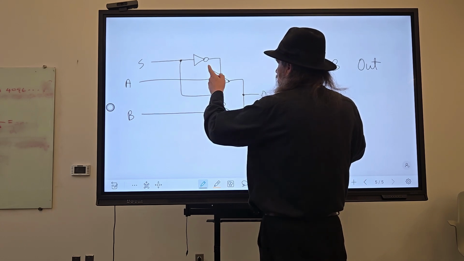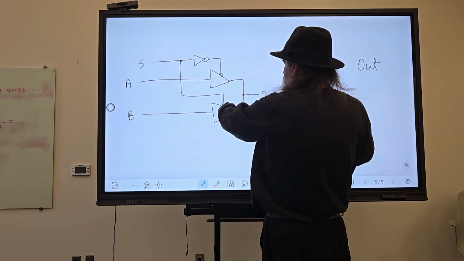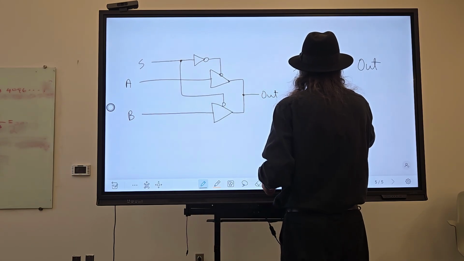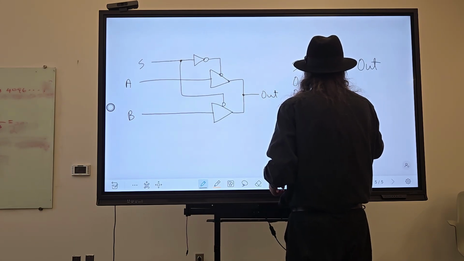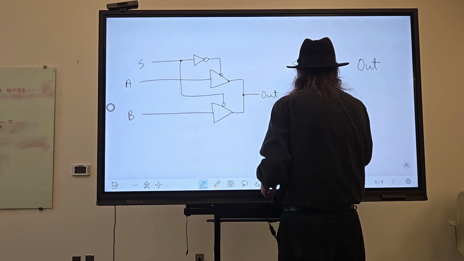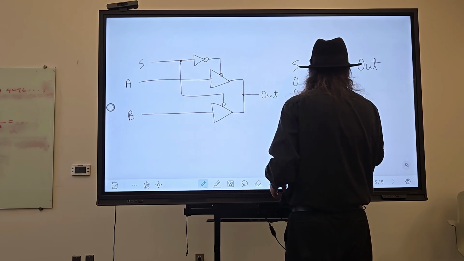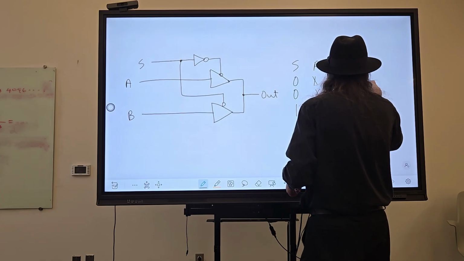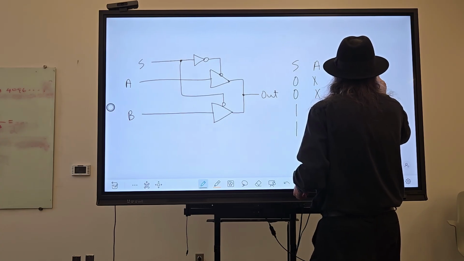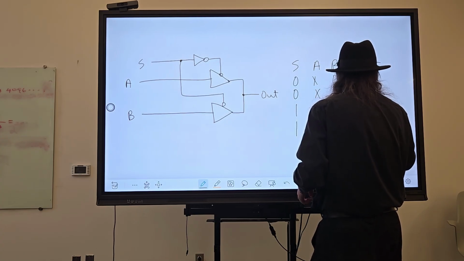Let's see here. 0 would be B, so that would be X. 0, 1, 0, 1. 0, 1, 0, 1.